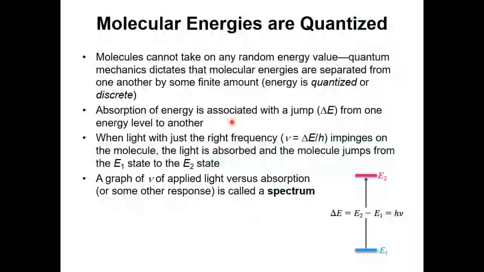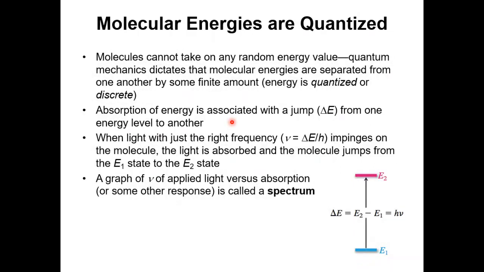So next thing is the principle of molecular spectroscopy. When you look at a molecule, one important aspect of a molecule is its energy. And if you consider the energy of a molecule, you really cannot take any random energy value.